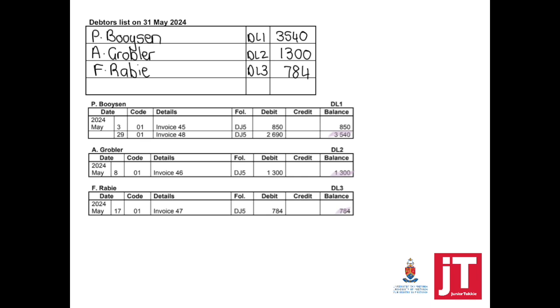That 3,540 is the final balance. So don't take 850 plus that. Then you're going to get it completely wrong. Once we've taken all the end balances, we can total it, and that is actually the total outstanding debt, the balance of the debtors control.